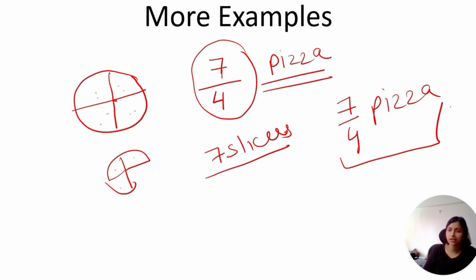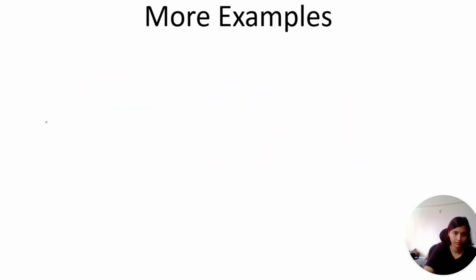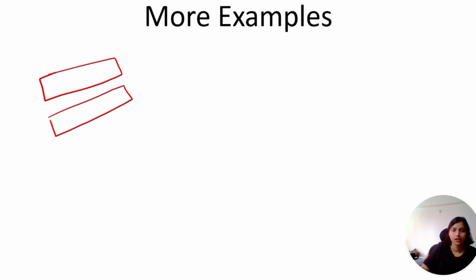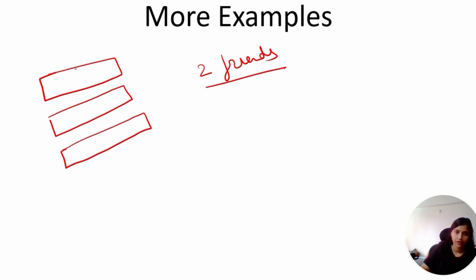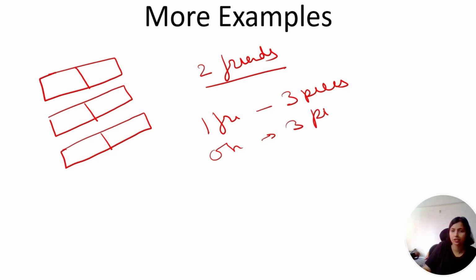Okay, so let's see one more example. Suppose I have 3 chocolates and I have to distribute these 3 chocolates among 2 of my friends. What do I do? I divide each chocolate into equal halves. So one friend will get 3 pieces and the other friend will also get 3 pieces.